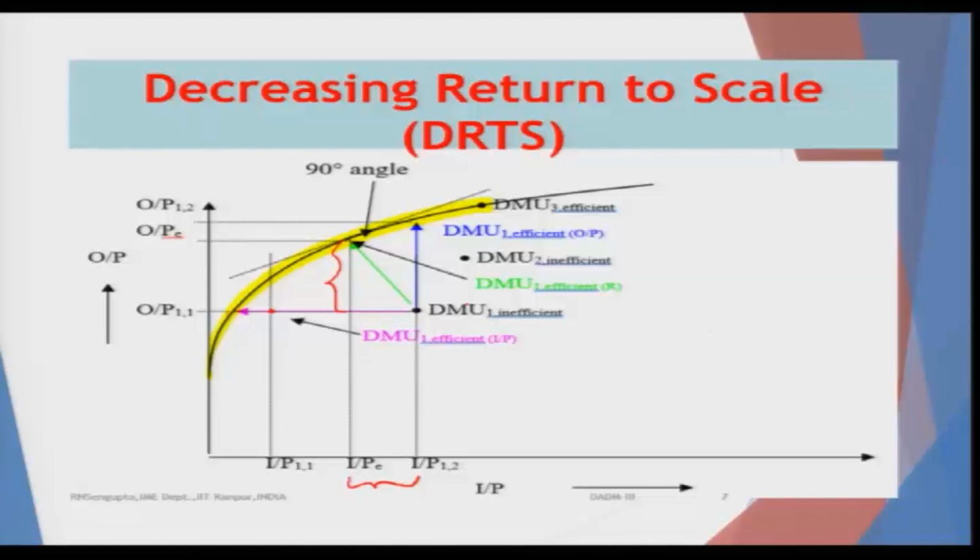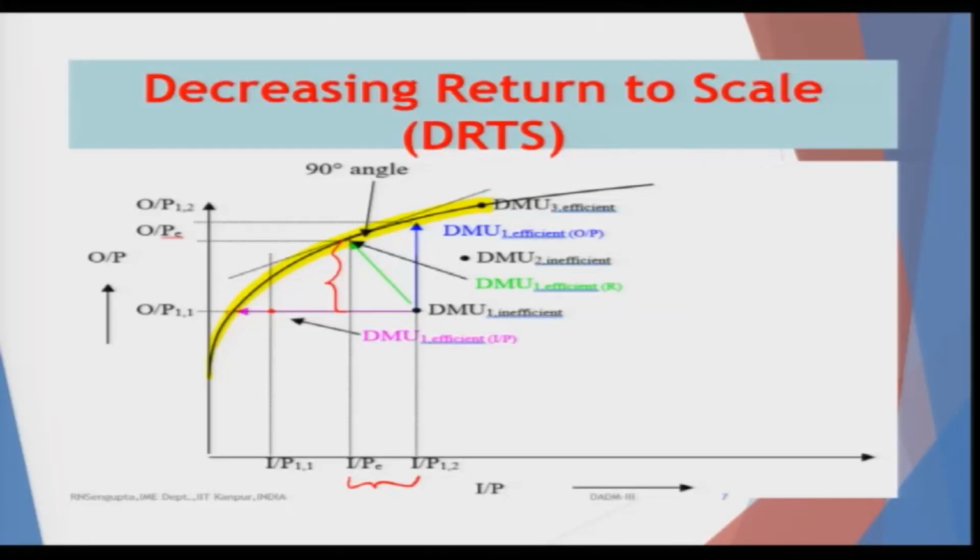And in the third scenario, which is the green one, tangential movement, which is the shortest distance between the inefficient one and the graph, it will be moving in such a way that the proportional decrease and increase in the input and the output maintain the same high level of efficiency, and you are on the efficient frontier.